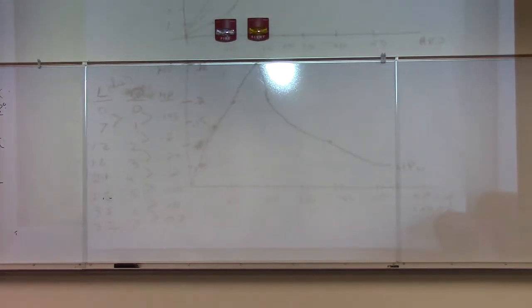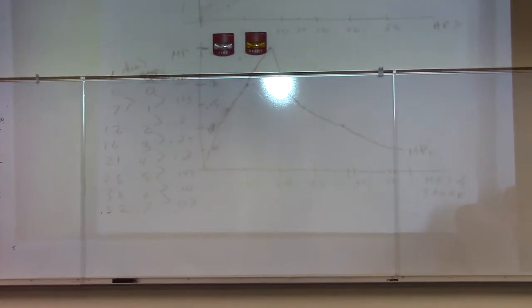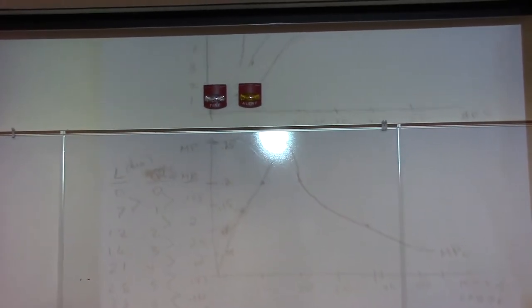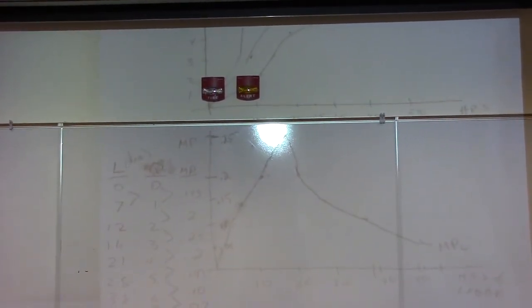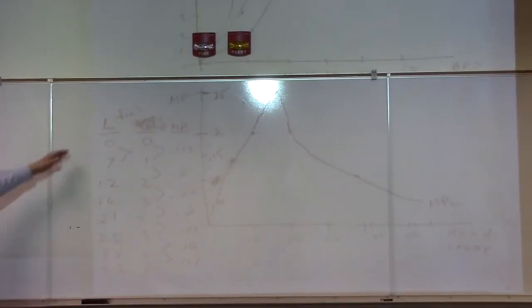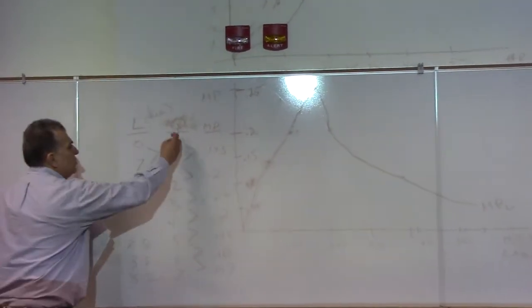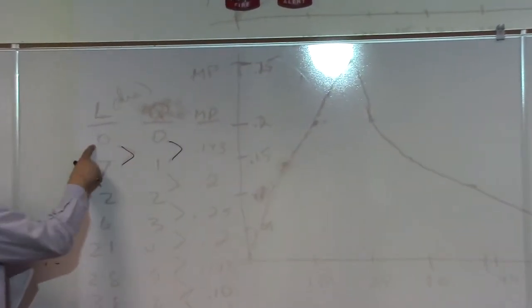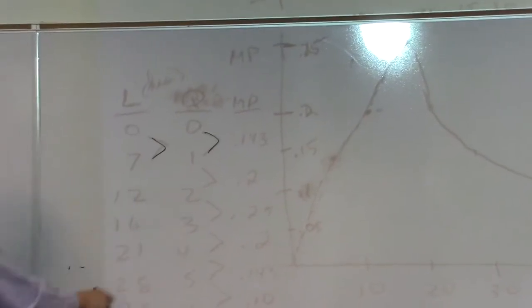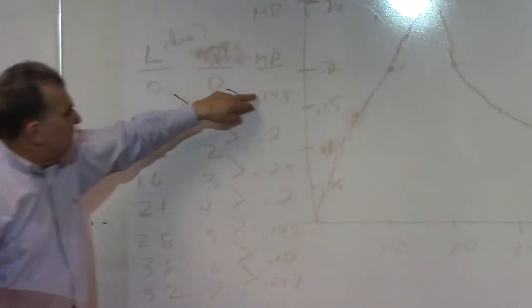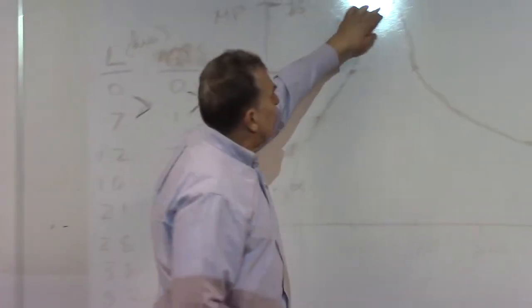Remember this graph? All right. This graph shows us the marginal product curve. The marginal product, remember, is the change in total product divided by the change in labor, this time measured in hours. And here's the value which is graphed along this curve.